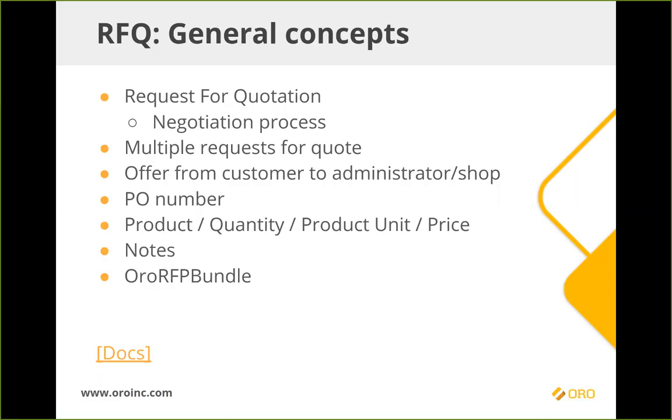Here, unlike the shopping list, we not only have the product quantity and product unit, we also have a price. So the price in RFQ is fixed and can be different from the price in the application. This is the first entity where we are allowing customers to change the price and, let's say, ask to sell products cheaper than they're sold by default.